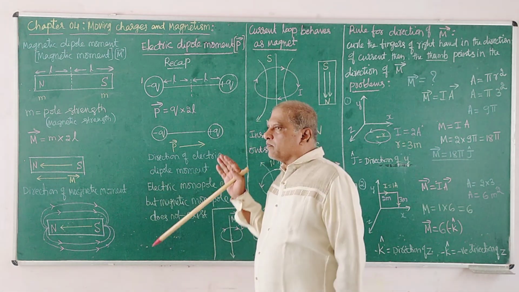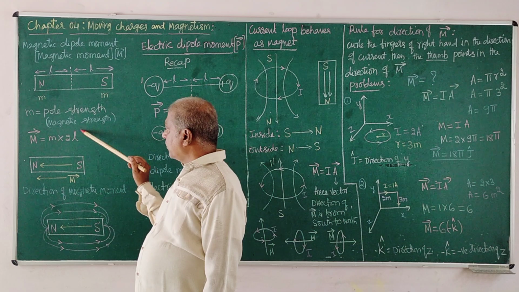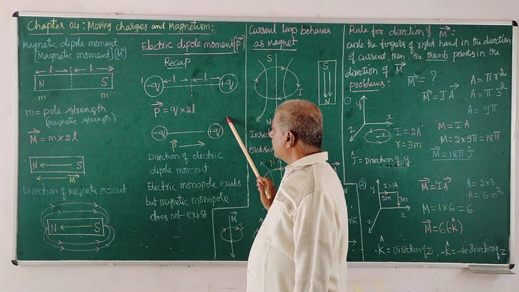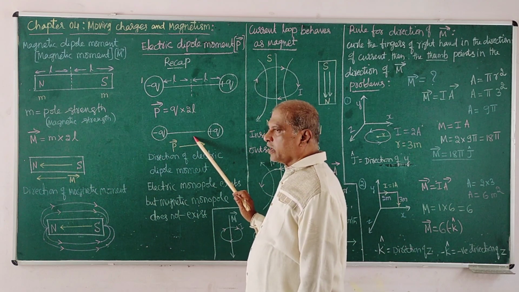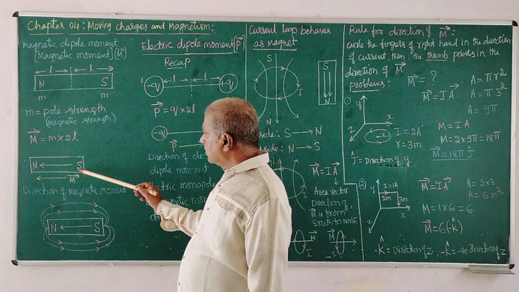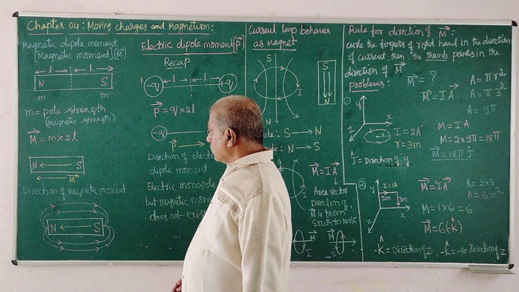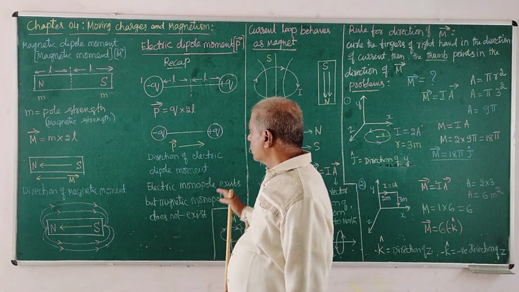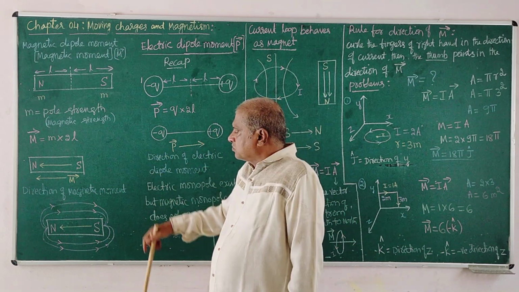When you apply an external magnetic field on this magnet, or similarly an external electric field on this dipole, this dipole has its own electric field and this magnet has its own magnetic field. Let us apply the external magnetic field and the external electric field, each with its own direction.